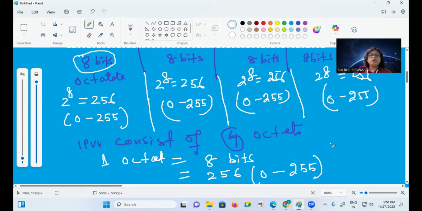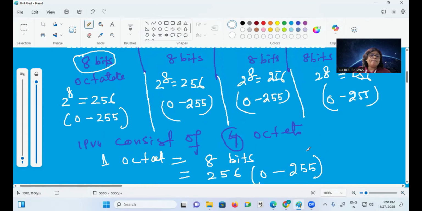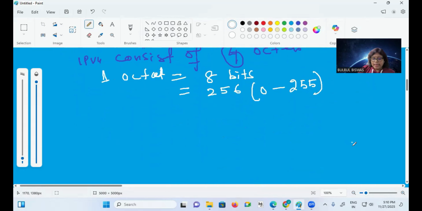Whenever we write an IP address, we have to write it within 0 to 255. An IP address cannot go below 0 or above 255, and this is the reason why we write the IP address between 0 to 255. Now you see the example.